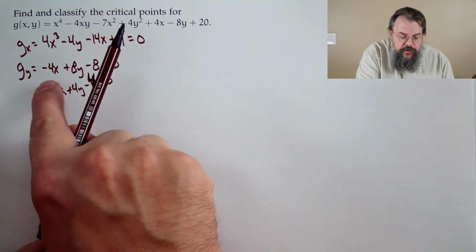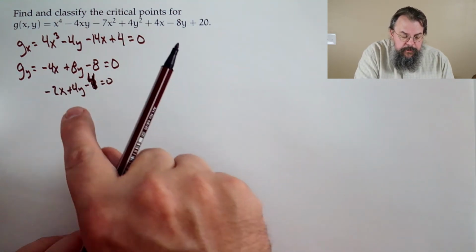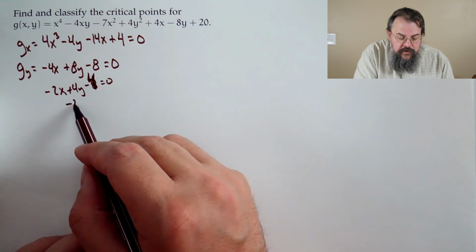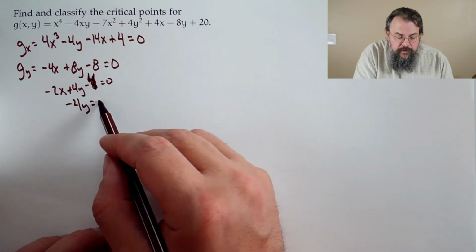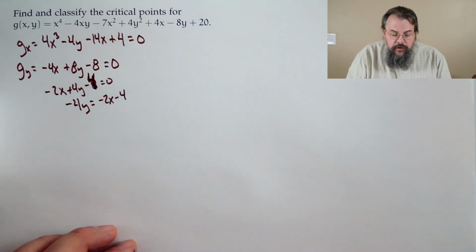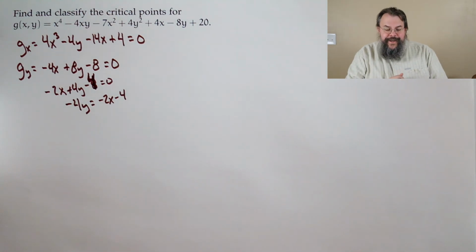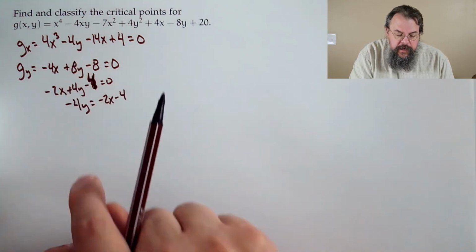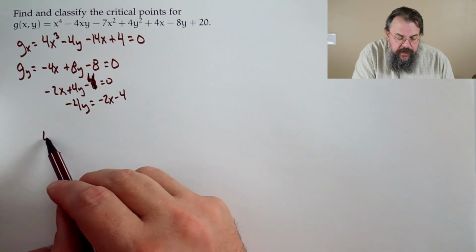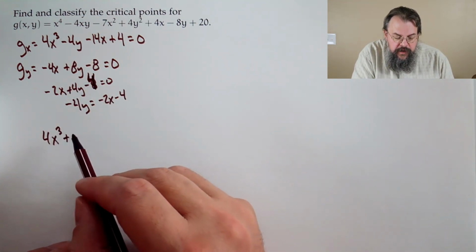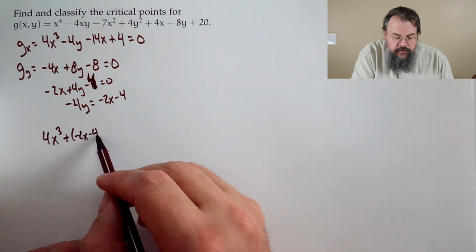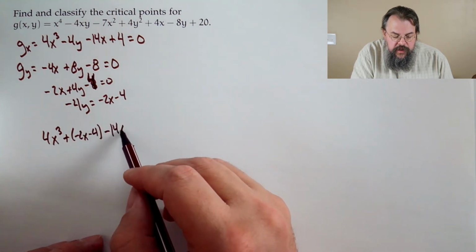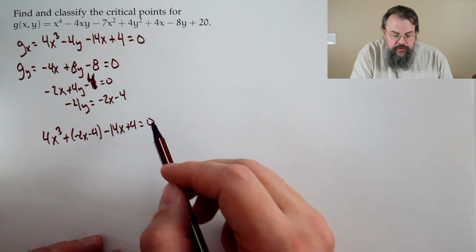I'm dividing everything by 2. Then we move the minus 4y across. So this says minus 4y is equal to minus 2x minus 4. So we can replace the minus 4y up here. We get 4x cubed plus minus 2x minus 4 minus 14x plus 4 equals 0.